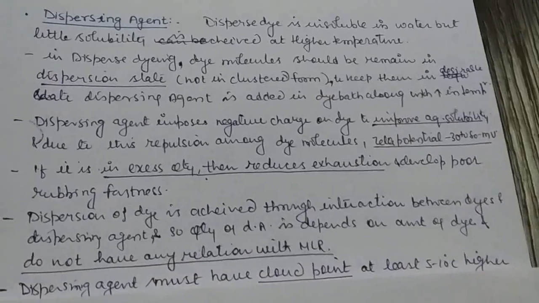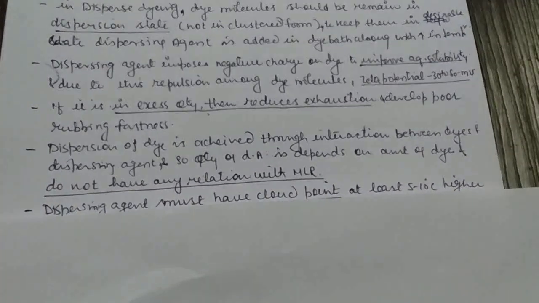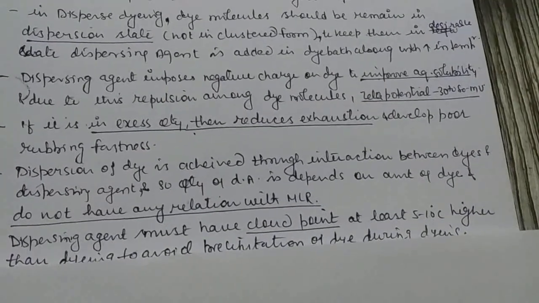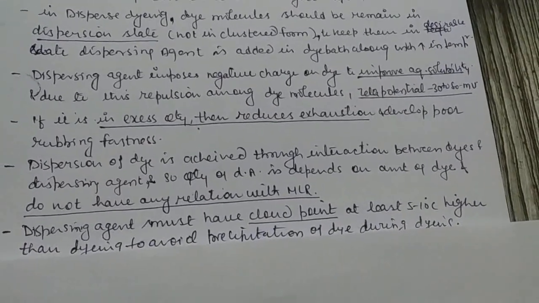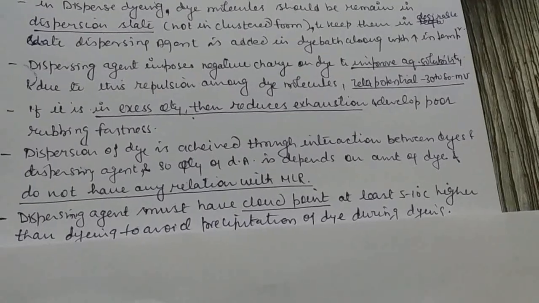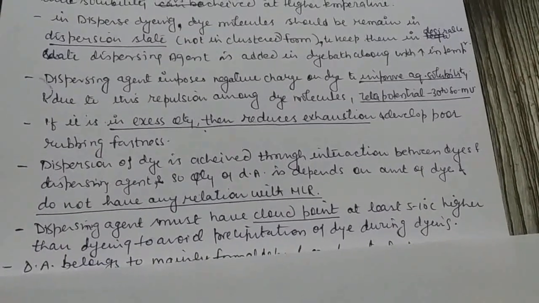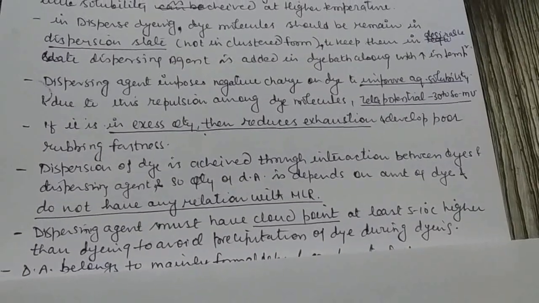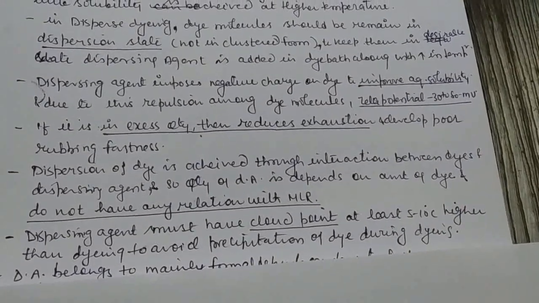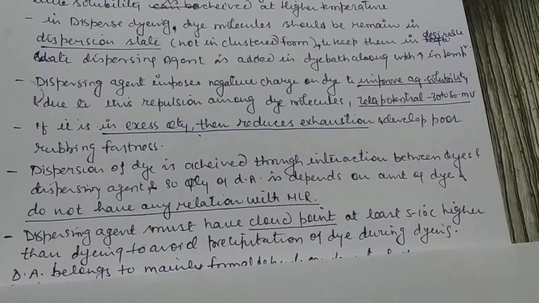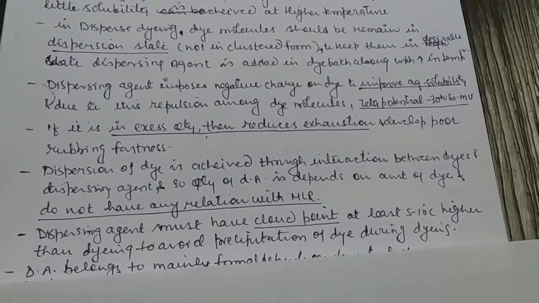Again, one of the prerequisites of a dispersing agent is that its cloud point should be at least 5 to 10 degrees higher than the dyeing temperature. If the cloud point is not 5 to 10 degrees higher, then there are chances of precipitation of the dye during dyeing.